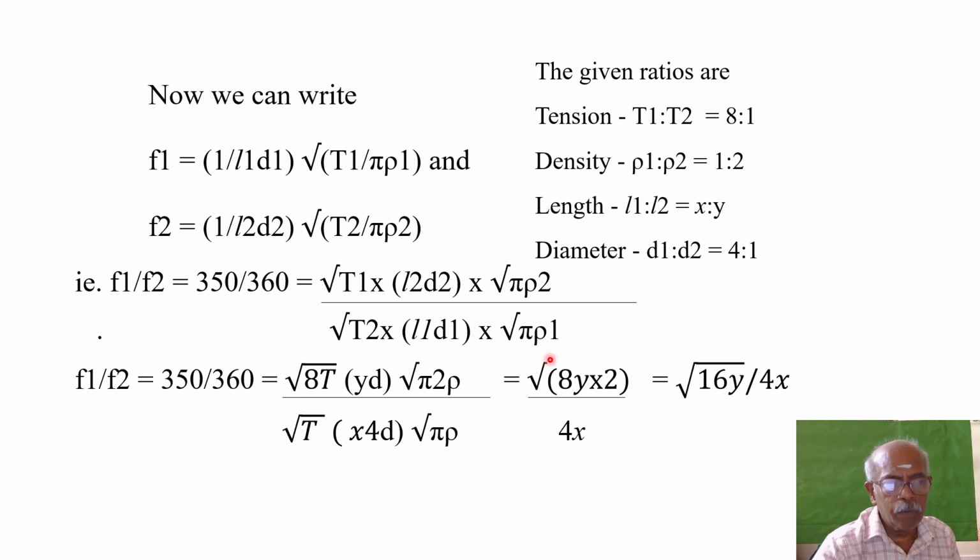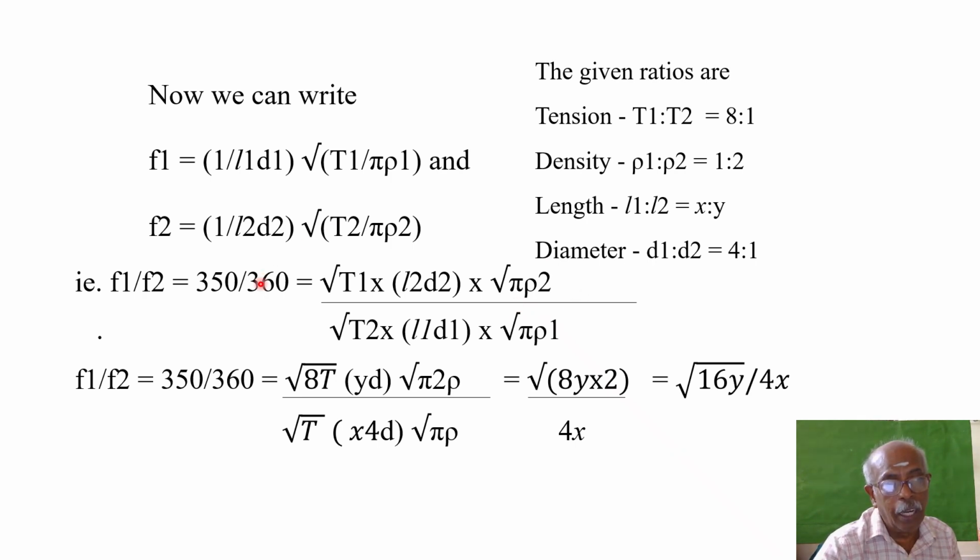Then for F2, you have to invert the expression: L2 D2 will go to the numerator into square root of T2, and pi rho 2 will go up under the square root.